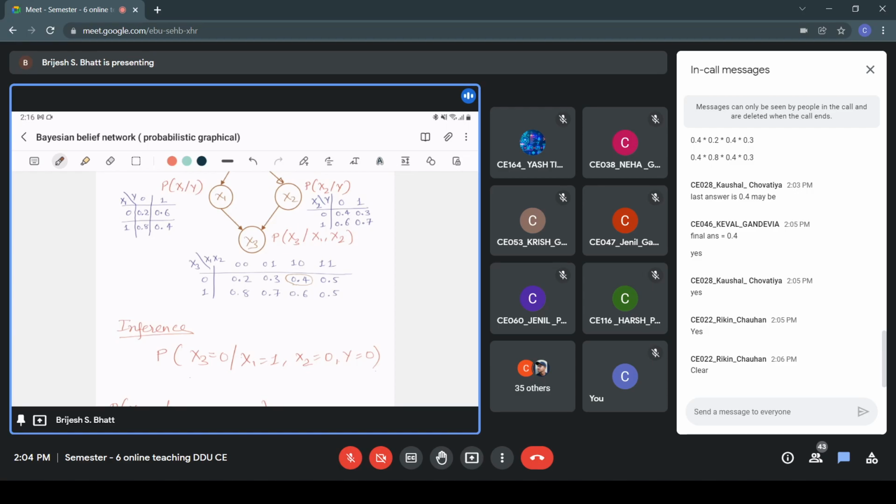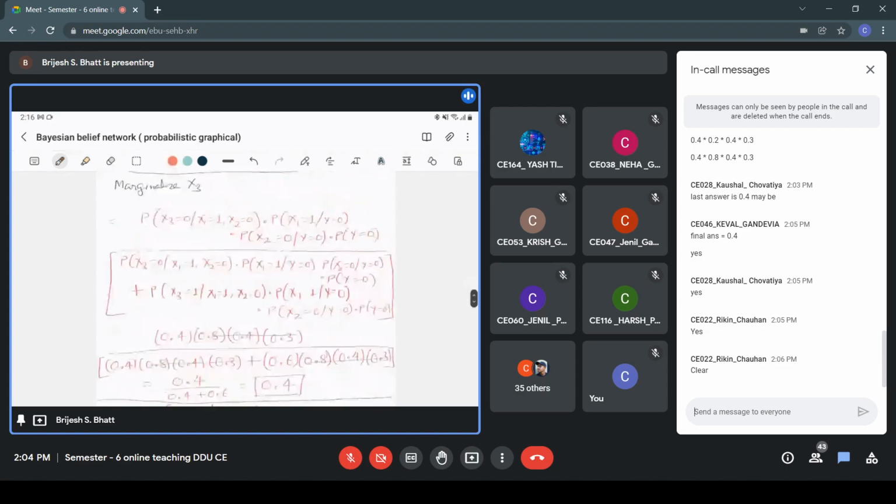But in a Bayesian network, unlike a naive Bayes classifier, you can ask a question about any random variable. The inference question can be about any random variable, and we will see that using the formulas which we have discussed so far, we can answer any inference question on these four random variables on which the network is modeled.